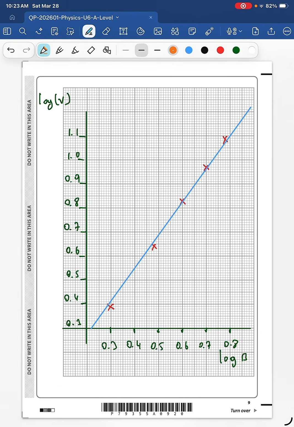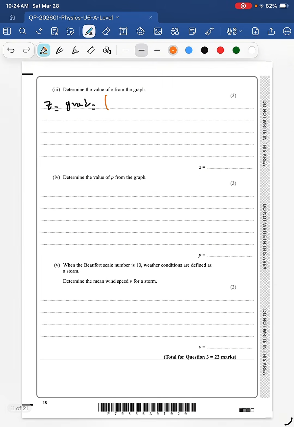You can use, for example, this point and then this point. You should find approximately the same result. You have to measure this distance and then divide by this distance. In my case, I used 1.09 minus 0.39 in the numerator, and in the denominator, 0.78 minus 0.3, which yields 1.46.